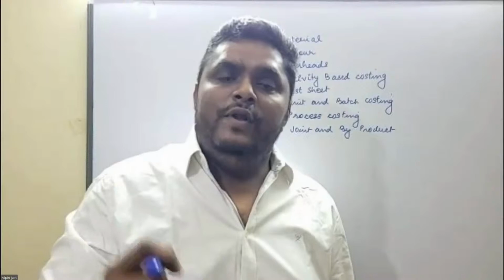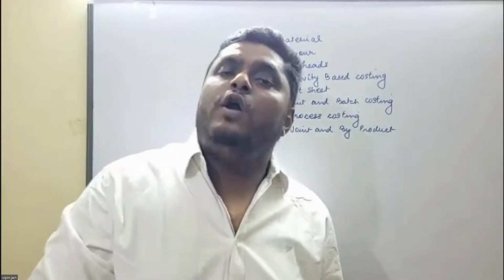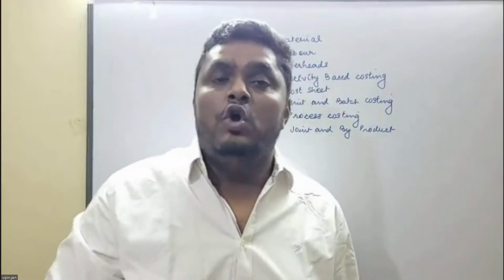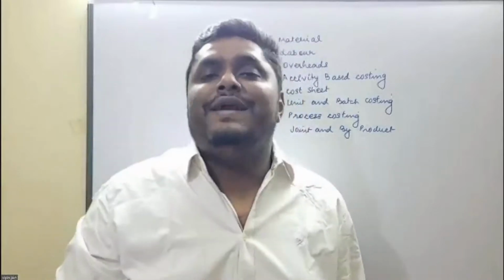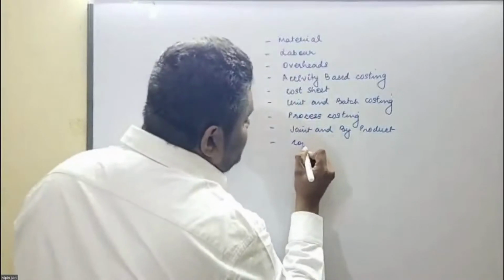Thereafter, we'll be discussing contract costing. This method of contract costing is used by companies who are into the construction business. To account for the cost incurred, they use the contract costing technique.